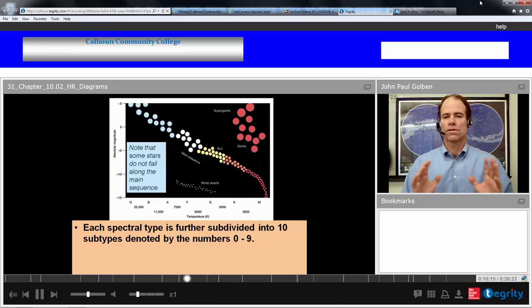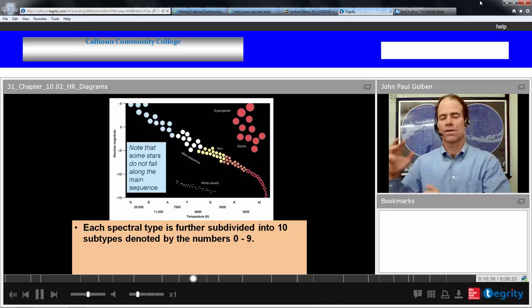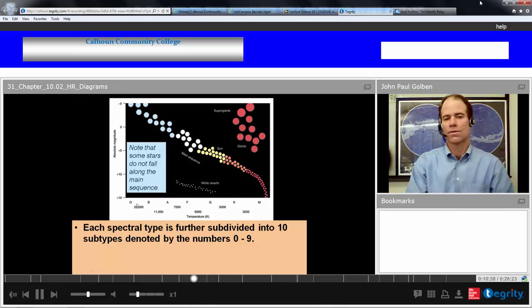We can further divide these spectral classes, these spectral types, into numbers from 0 to 9. So as we proceed from the left to the right, we would go from O0, 1, 2, 3, 4, 5, 6, 7, 8, 9 to B0, 1, 2, 3, 4, 5, 6, 7, 8, 9 to A0, and so forth as we go from left to right.